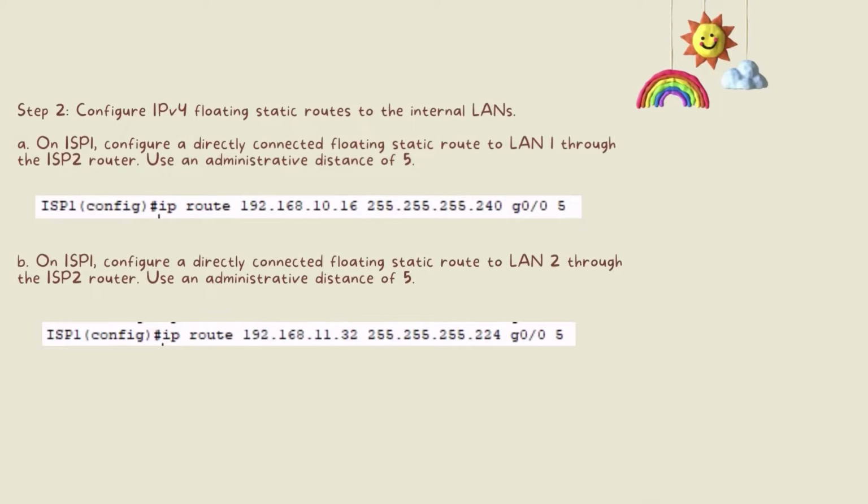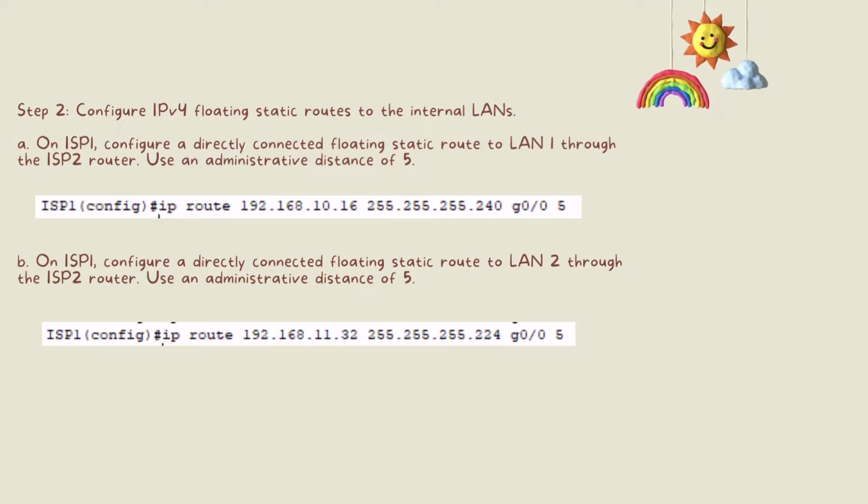Okay, and step 2, configure IPv4 floating static router to the internal LANs. On ISP1, configure a directly connected floating static router to LAN 1 through the ISP2 router. Use an administrative distance of 5.